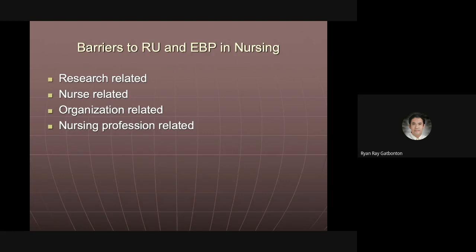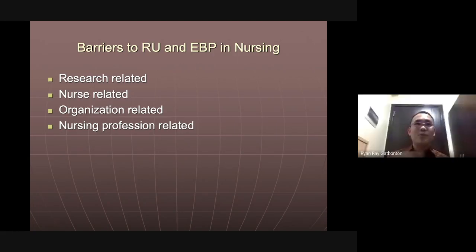So if the nurse refuses, no, to use the research finding to practice, no, to translate it into his practice, then that's a nurse related barrier. Okay? Kadalasan dito sa EINC, no, na kung ano yung nakasanayan ng nurse na gawin sa loob ng delivery room, yun ang gagawin niya kasi nakasanayan niya na yun.